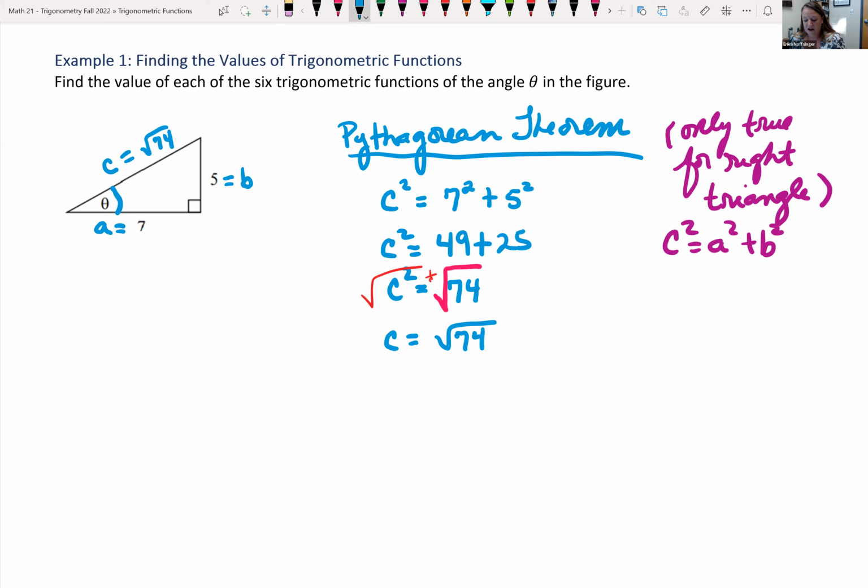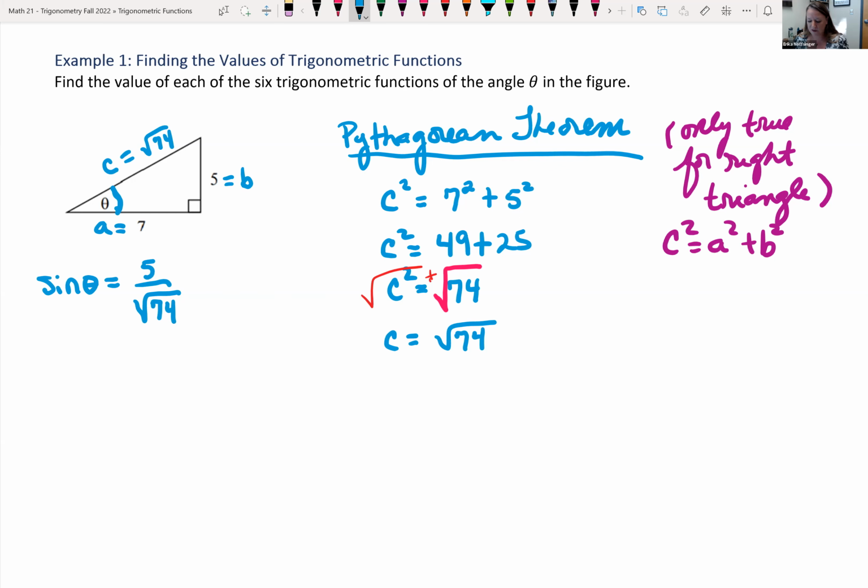So now we can go and figure out what our trigonometric functions are. So if we look at sine theta, we're looking at the opposite of theta. So the opposite side of theta is 5, all over the hypotenuse, which is the square root of 74. So we don't like radicals in our denominator. So in this course, you're going to rationalize your denominator.